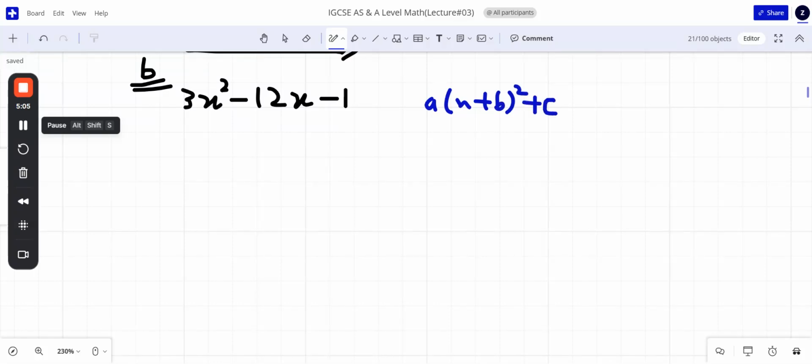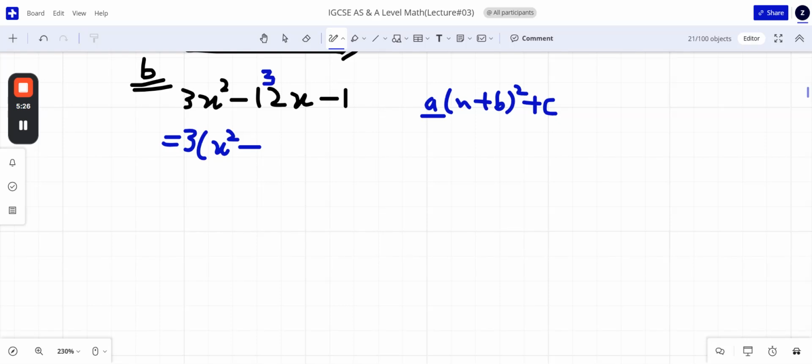So we factor out the coefficient of x square, because it is outside the bracket. Here 3 is common and x square is left in the first term, then minus 4x, as 3 times 4 is 12, then minus 1. The value of a is 3.